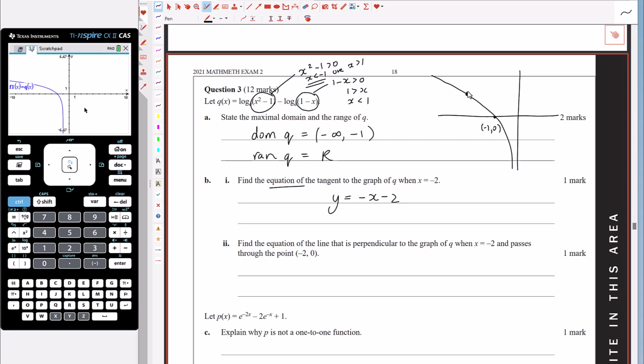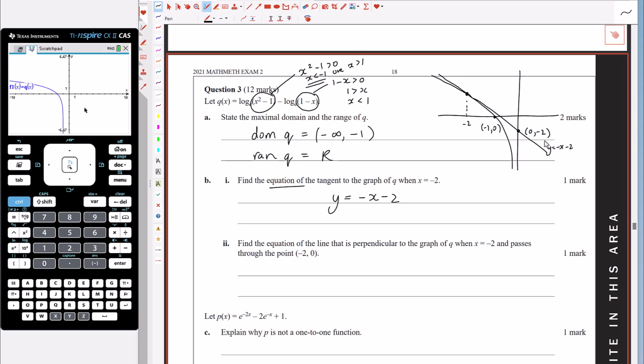The tangent at -2, again, I need to recalibrate my pen, is there. Okay, and we found that's y equals -x minus 2. So therefore that's 0, -2.